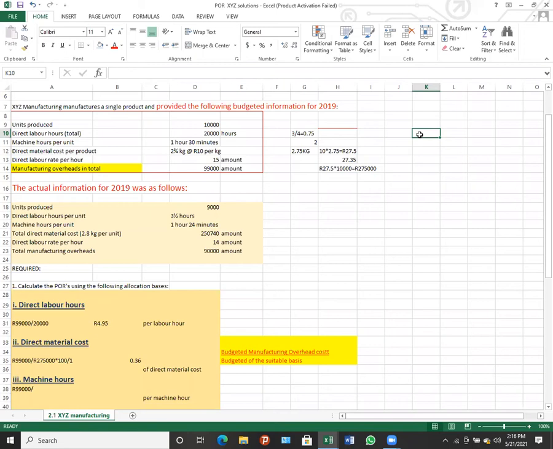To convert 30 minutes into hours, we divide by 60, you get 0.5 hour. 0.5 hour plus 1 is equal to 1.5 hours. And then you multiply with your units, guys.